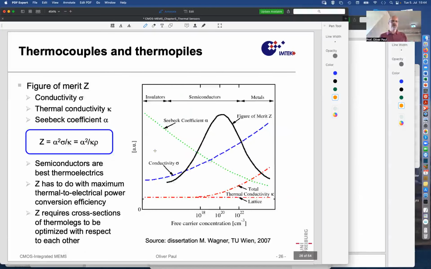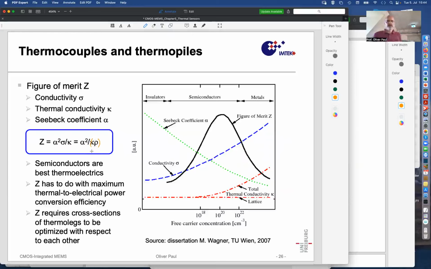So when you look at thermocouple materials, it turns out that semiconductors are quite reasonable structures, because the figure of merit that describes their efficacy as thermoelectric converters is alpha square, the Seebeck coefficient square, multiplied by the conductivity divided by the thermal conductivity, or if you want to write it like this, it's alpha square divided by the product of the thermal conductivity by the electrical resistivity.